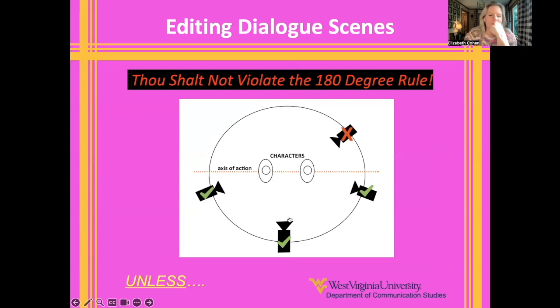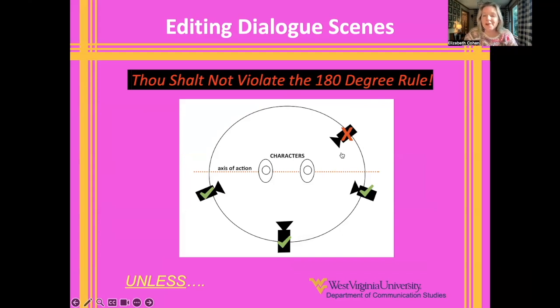If you were to put a camera on the other side, it would be like, what? How did we get over there? We're positioned on this side looking at them. So if the camera all of a sudden, quote, moves us, that's very disorienting. And it's unnatural.